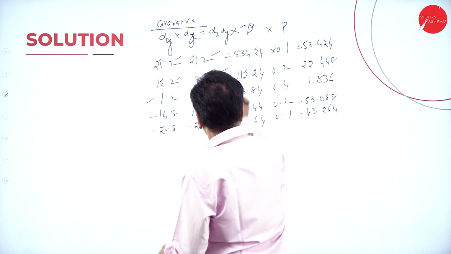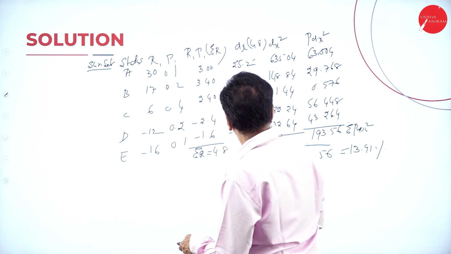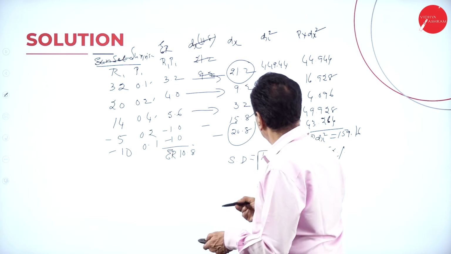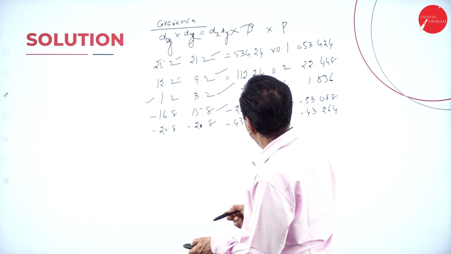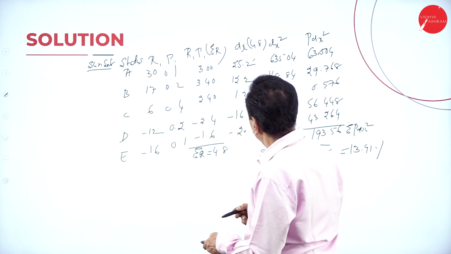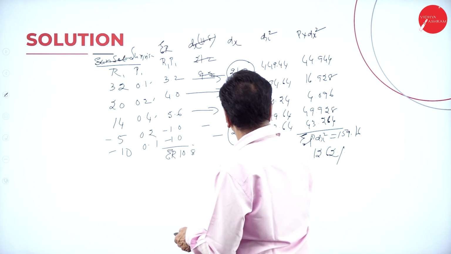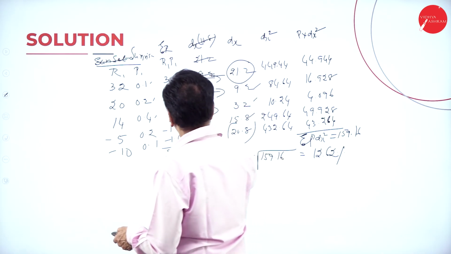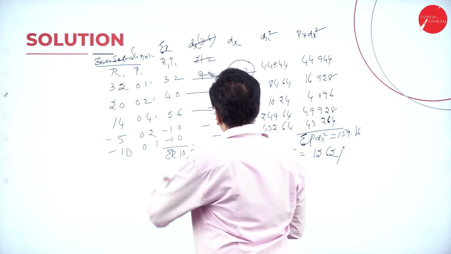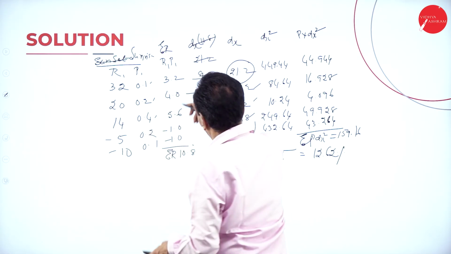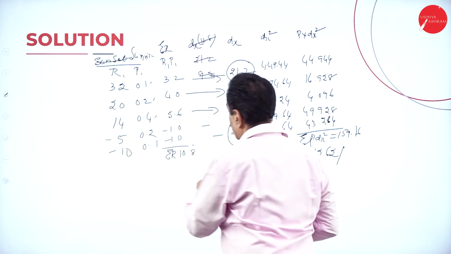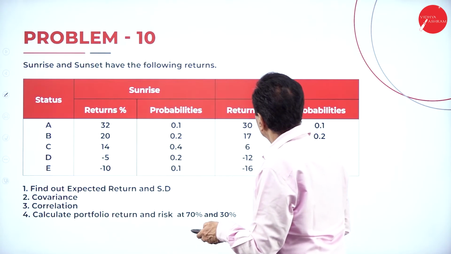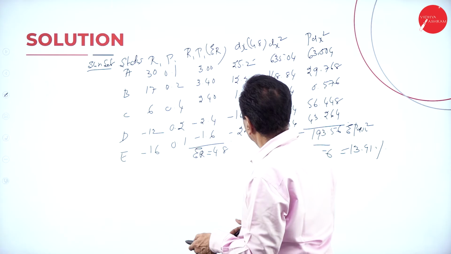So you can say dx sunrise, 21.2, 9.2, 21.2, this is the deviation, 20 minus 10.8 is 9.2, okay, 9.2.